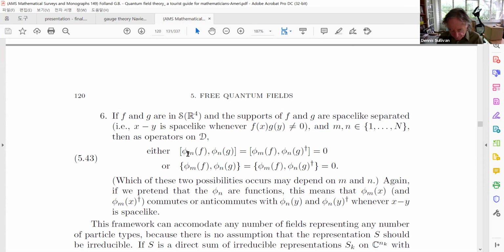So then, wait, the composition, the operator doesn't take the domain into the domain, does it? How do you compose? See, you can't compose, right? When you compose, you have to take the image. The operator takes the domain into a subset of the domain.